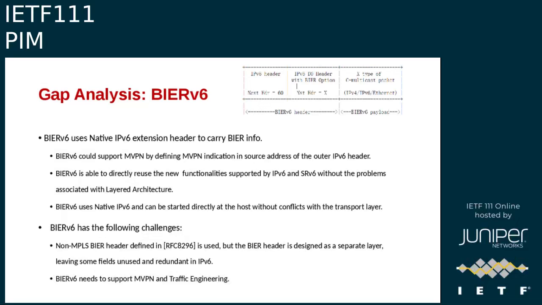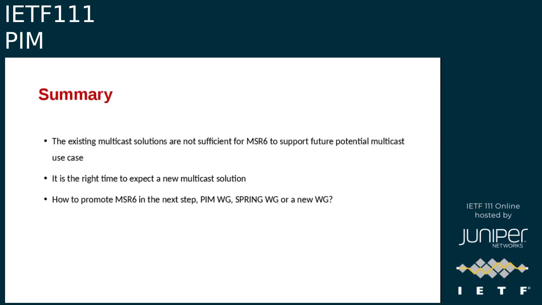Okay, next page. Okay, so this is a summary. I think the existing multicast solutions are not sufficient for multicast source routing to support future potential multicast use cases. So we think this is the right time to expect a new multicast solution.